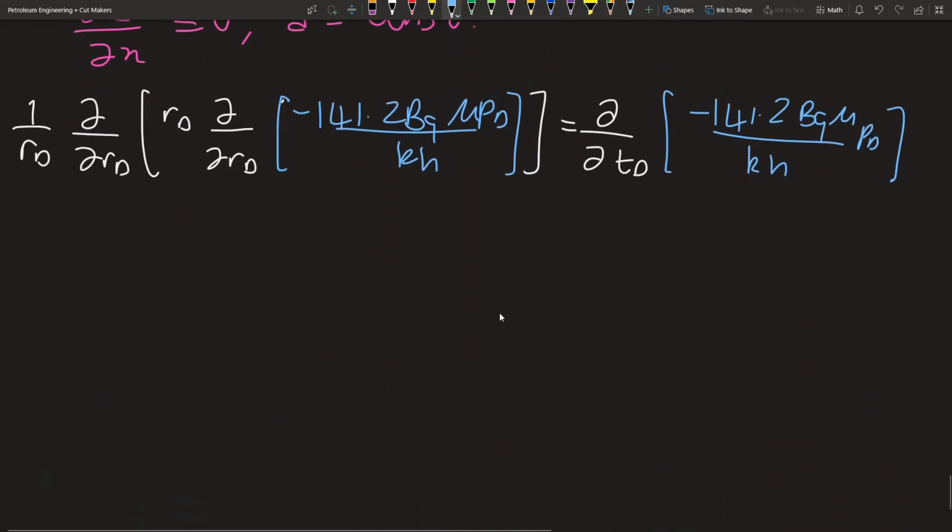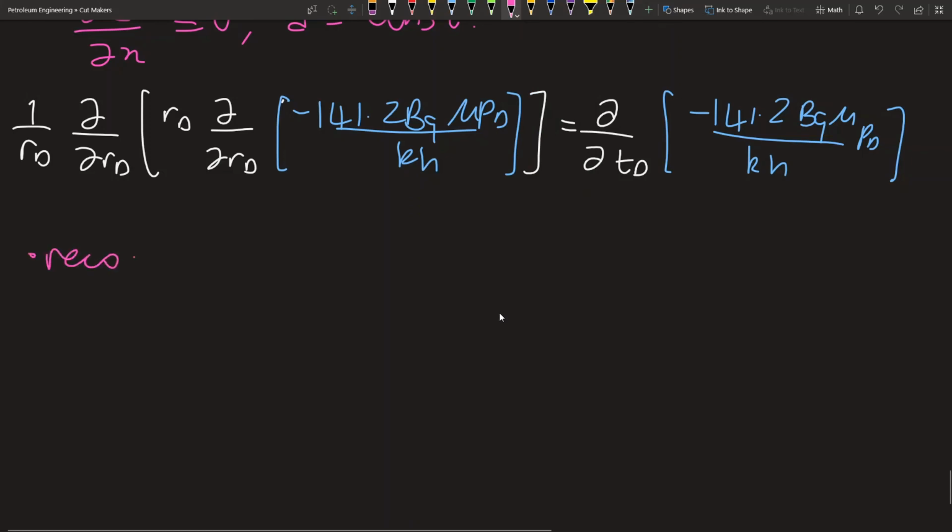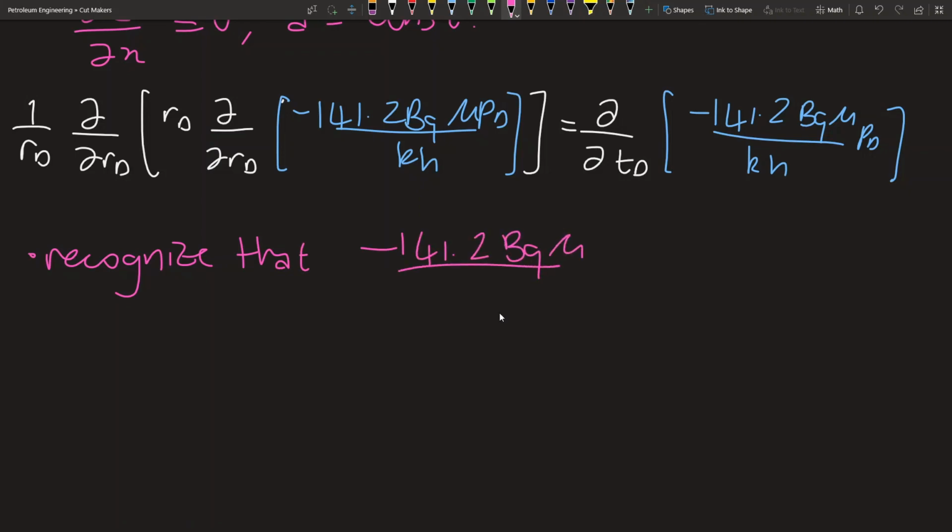Okay, now we can also make use of this. Recognize that negative 141.2 BQ mu over KH is a constant, which means that we can just cancel these out on both sides, because you can take them out of the derivative, and once you've taken them out of the derivative, you can simply cancel them out.